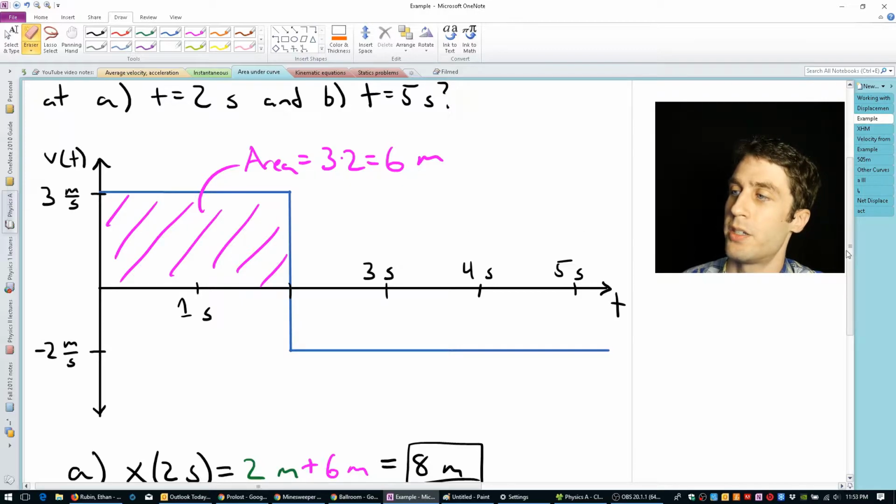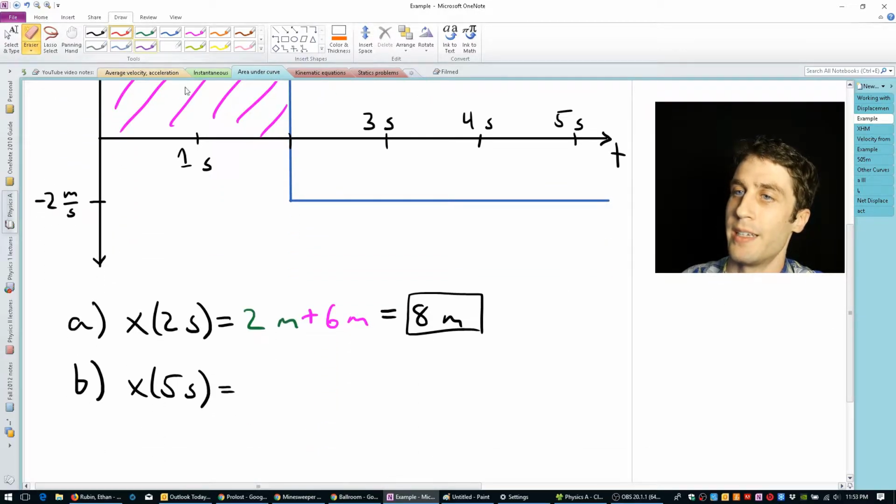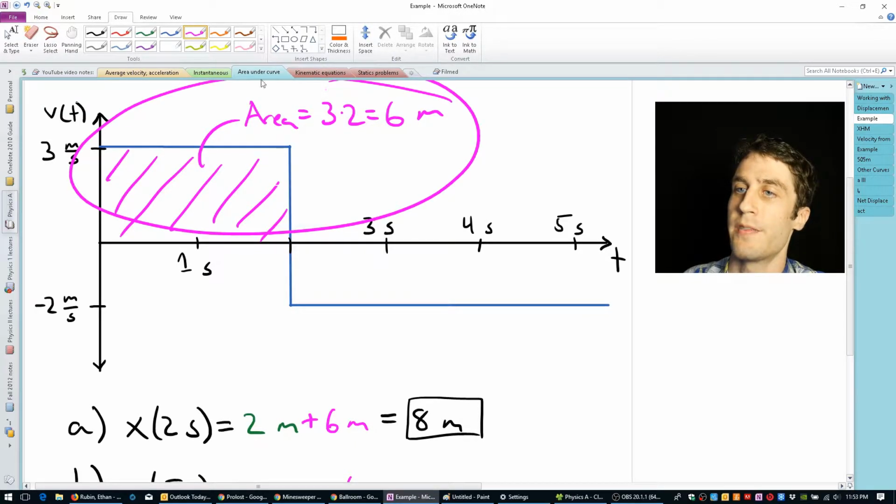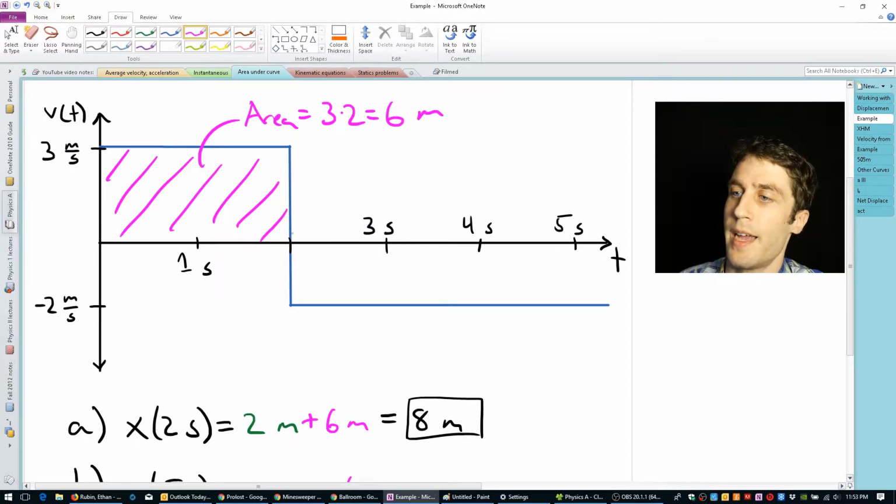I'll show you what that looks like mathematically. It starts initially at 2 meters. Then after 2 seconds, it's gone to the right by 6 meters, so we add 6 meters there. That's what we covered in part A. And then after that, it abruptly changes direction. Now it's moving to the left at 2 meters per second, and it does so for 3 seconds.